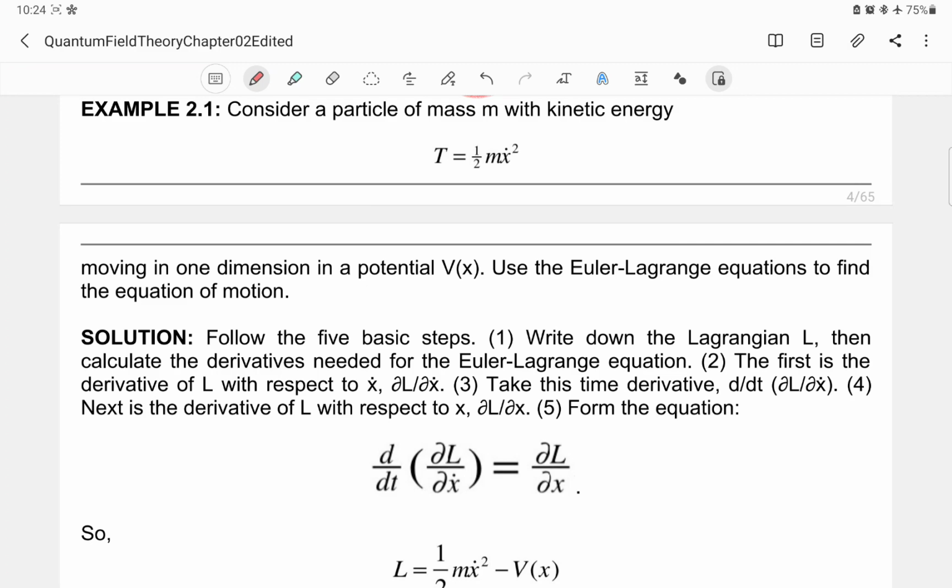We follow 5 basic steps in looking for the equation of motion. First, write down the Lagrangian.